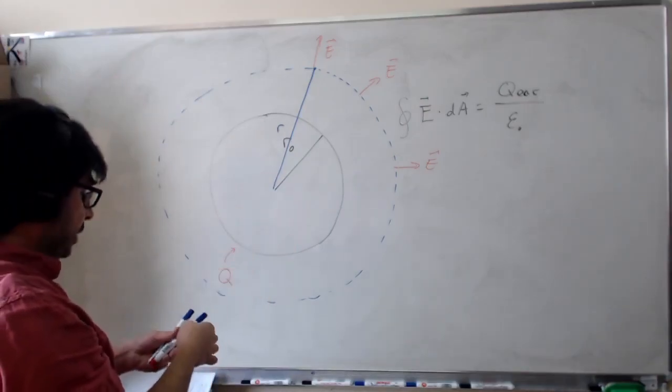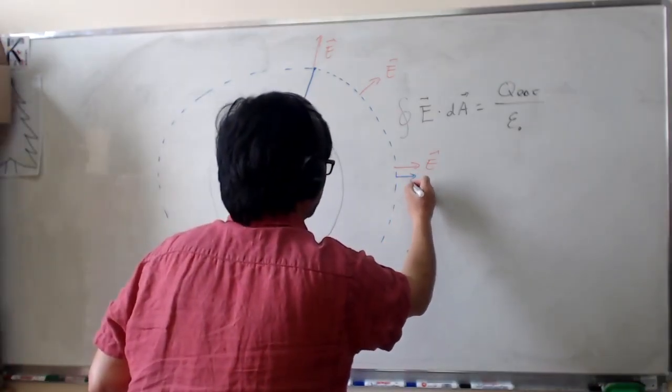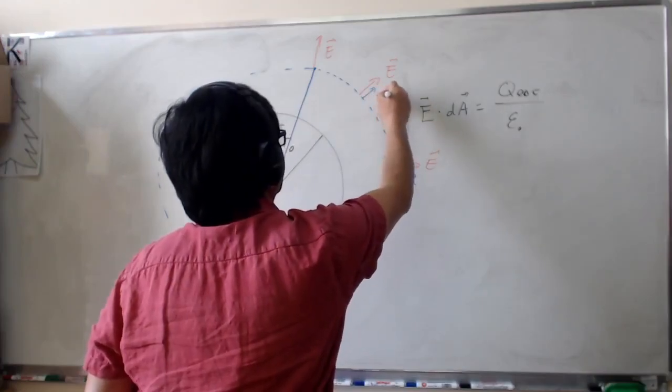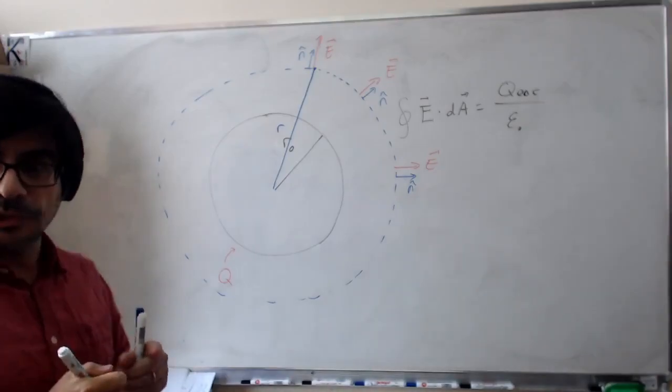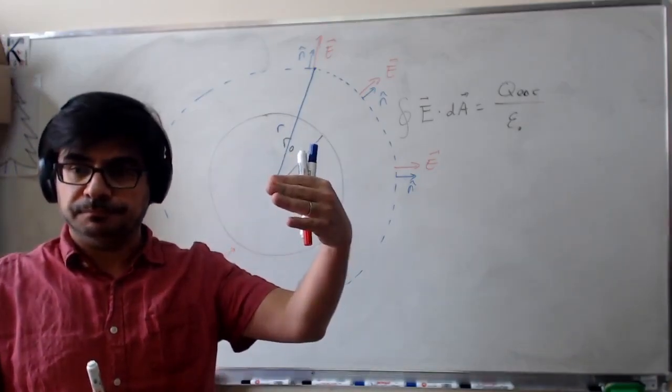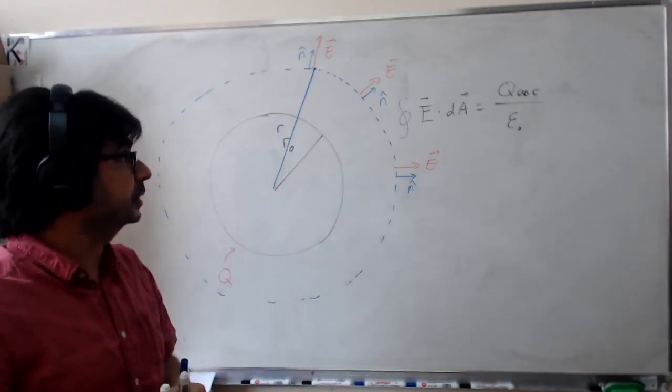Now, if I draw my normal vector over here, I have to draw it this way, because remember, for a closed surface, by convention, we choose our normal vector to be outward. A closed surface has an inside and an outside, and here it's going to be pointing outwards.